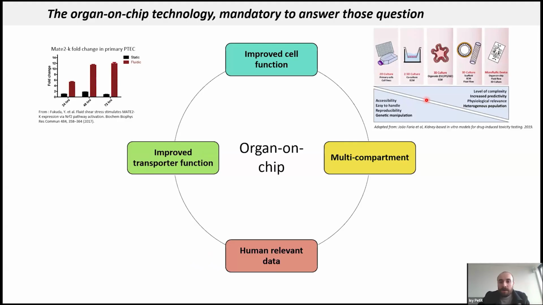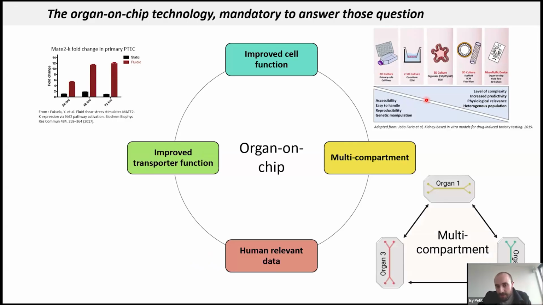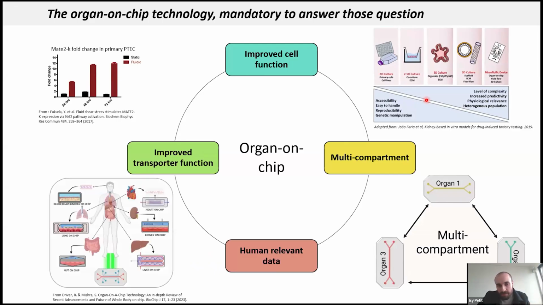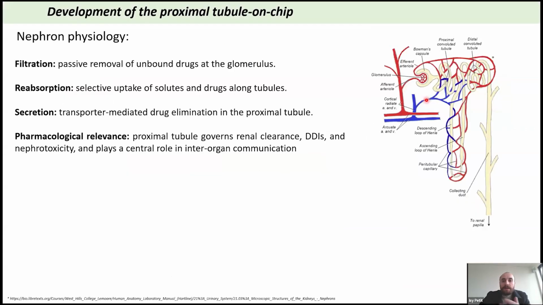There is also the multi-compartment aspect. We speak about inter-organ communication, so that's really important. And one other aspect is the human-relevant data, which are particularly important in the case of drug transporters because species specificity is really important. So first, we started by developing our kidney model.